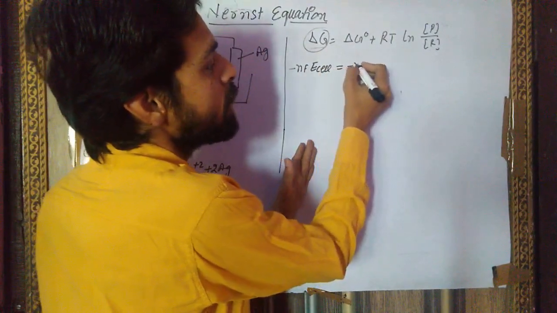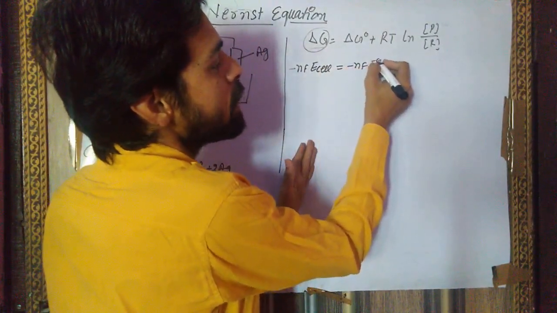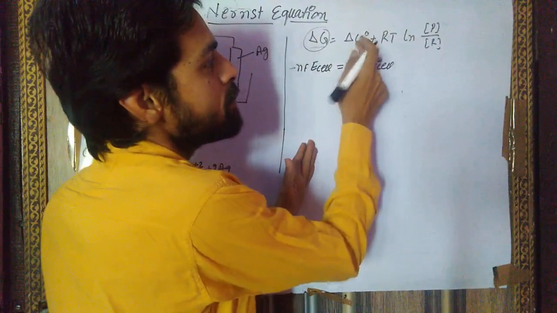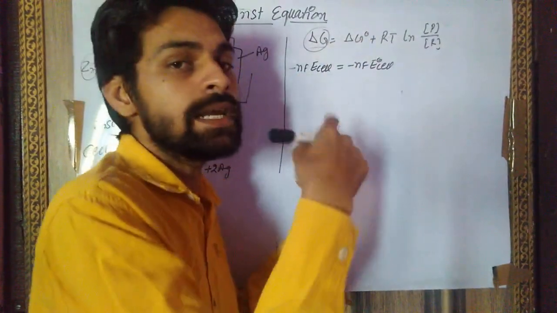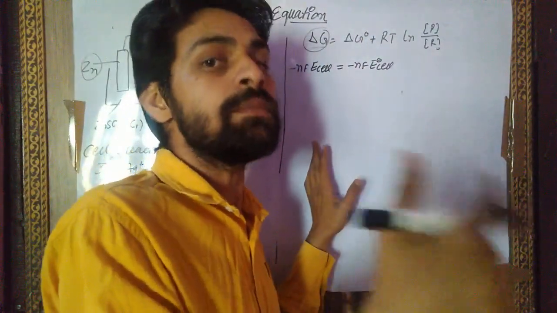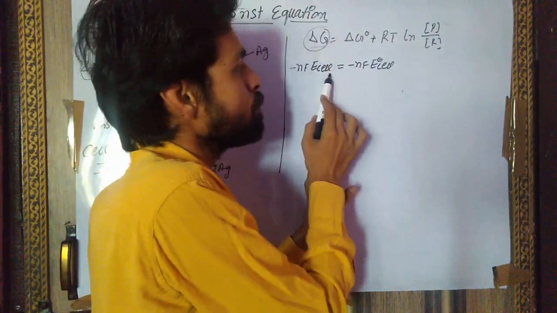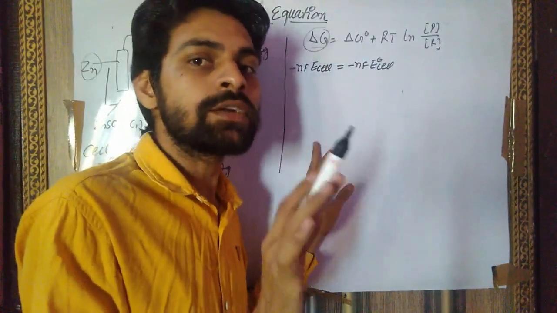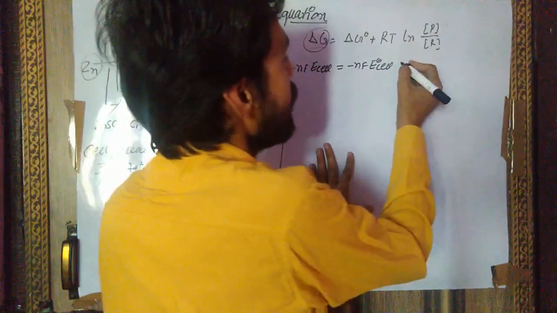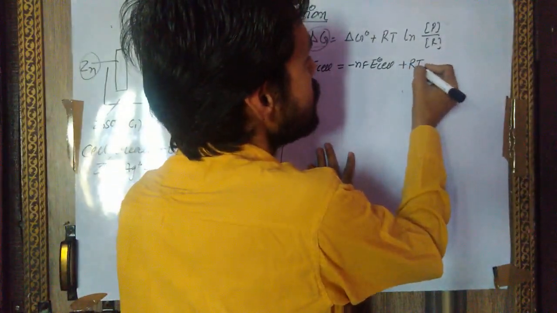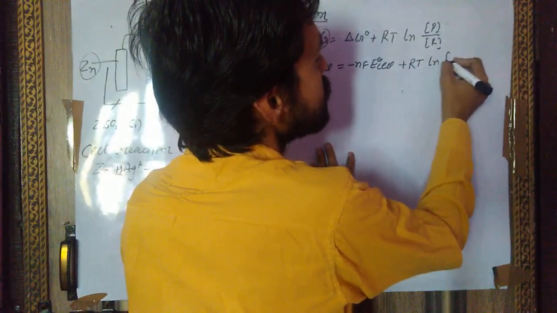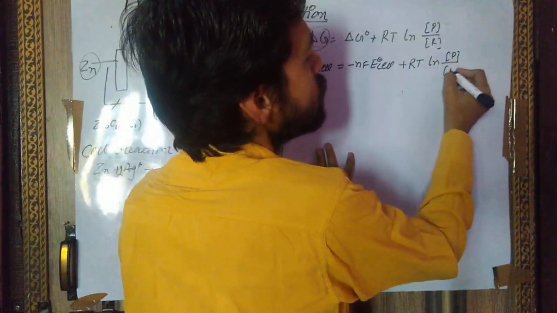It will be equal to minus NFE naught cell, if I use standard Gibbs free energy, then I use the standard cell EMF. And if I use normal Gibbs free energy, then I use the normal electromotive force. And plus RT Ln, concentration of product over concentration of reactant.